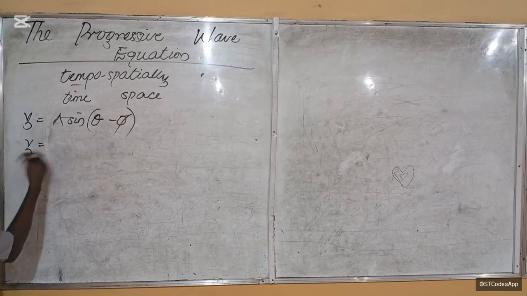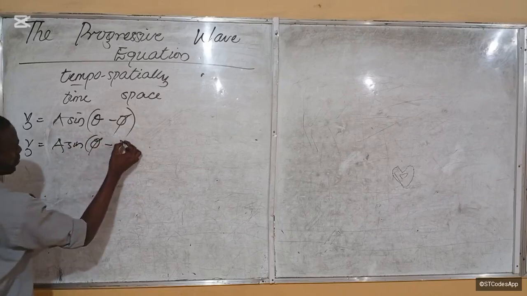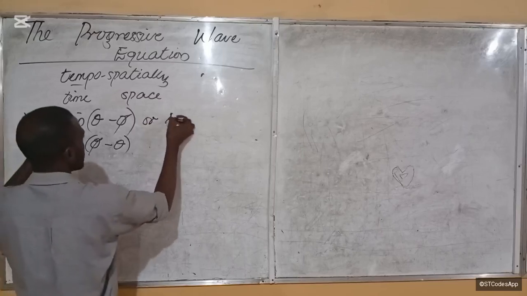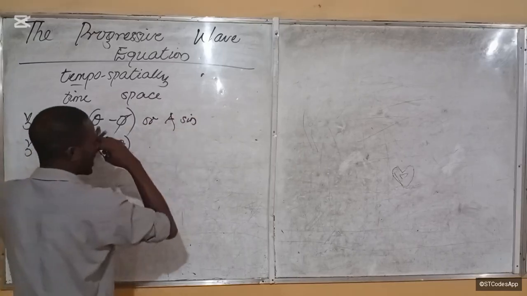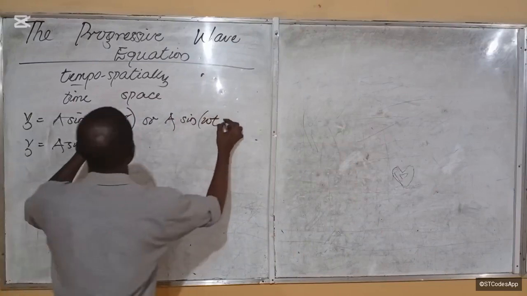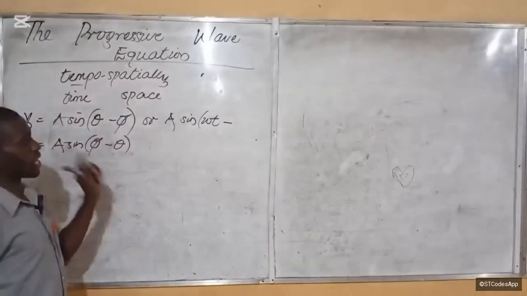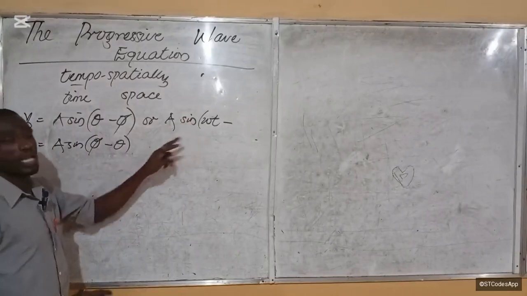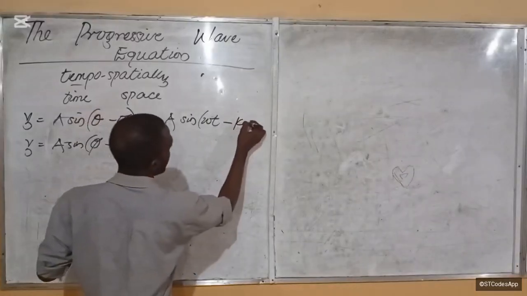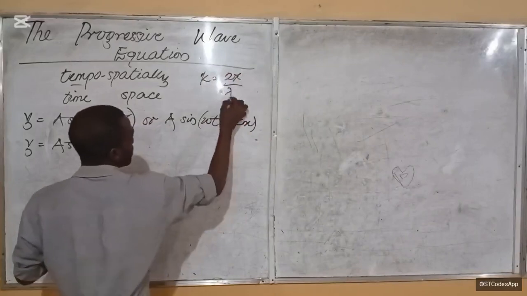And the second form is a sine of phi minus theta, or this could be what you saw, a sine, now theta in that case is omega t, then minus, I've derived this before, so at the end of this video I might have to show you that again, but I'm just trying to show you the different forms you might see in your textbook. Then this will be kx, keeping in mind that k is a constant, 2 pi over lambda.